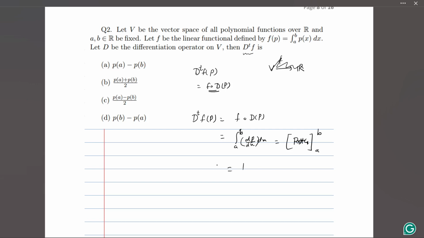This will be P of b plus C minus P of a plus C, and this will be equal to P(b) minus P(a). Okay, this option is correct.